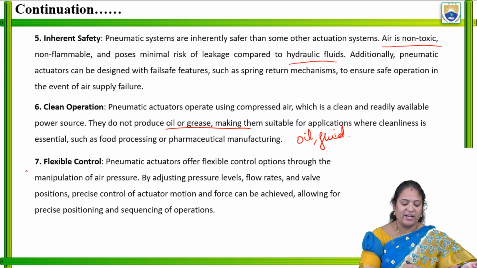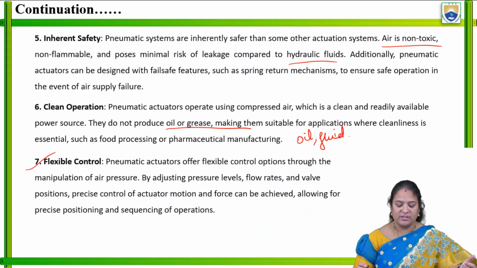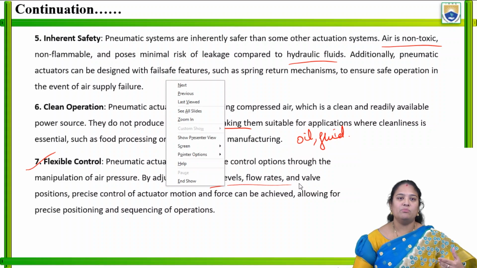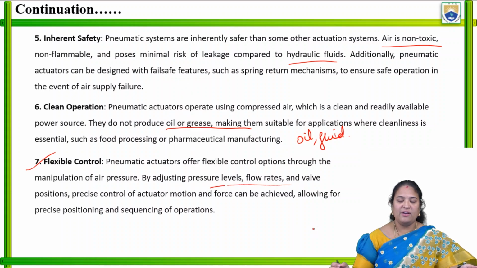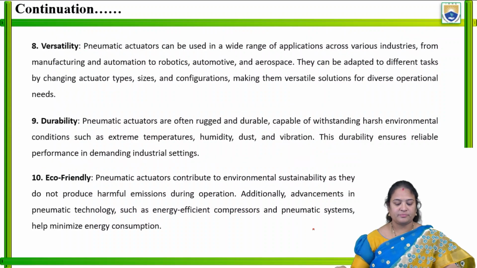Next, moving on to flexible control. What do we mean by flexible control? By adjusting the pressure levels, flow rates and valve position, it is more flexible to use. Since the design is not complex, it is flexible to be used in any operating conditions, right? The pneumatic actuator is flexible in any sort of operating conditions.